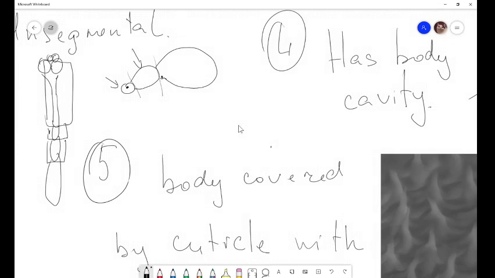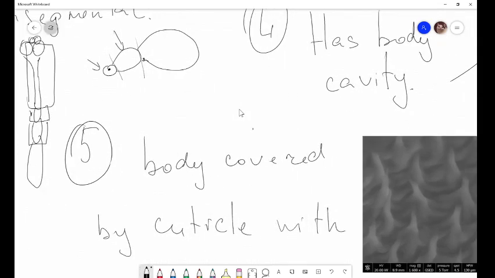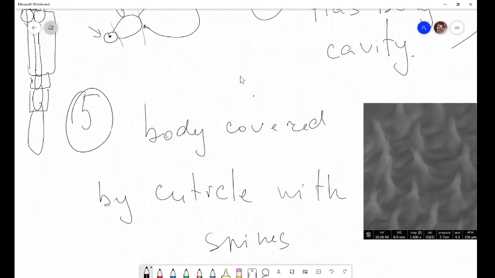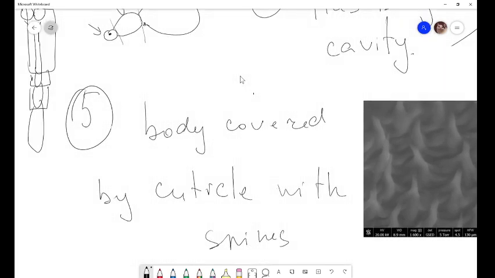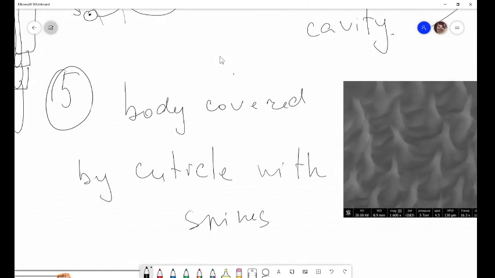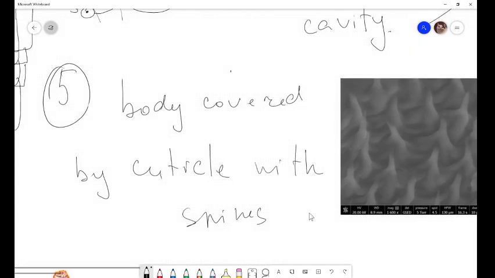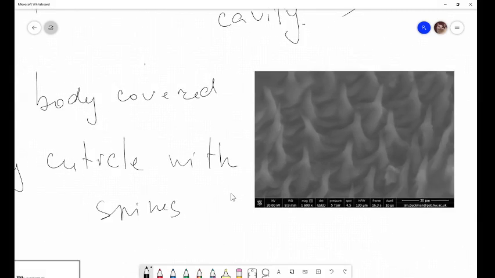Next, what's the next? The body of these worms is covered by a cuticle with what? Body covered by spines, and these spines look like this photo.